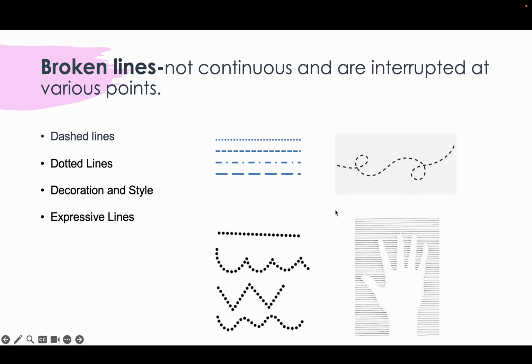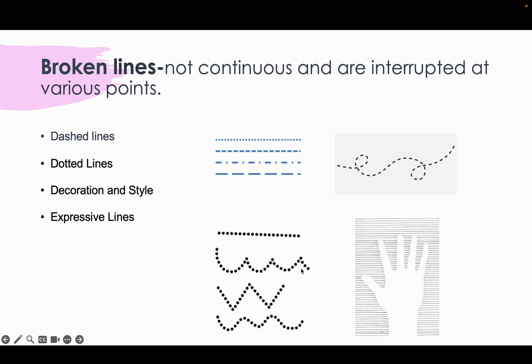Broken lines are lines that aren't continuous and have interruptions at various points. These interruptions can be gaps, dashes, or other breaks in the line. Broken lines can convey a specific meaning or serve an artistic and communicative purpose.